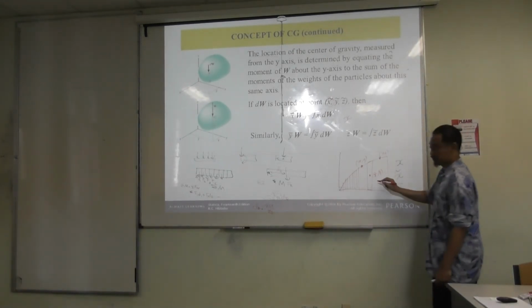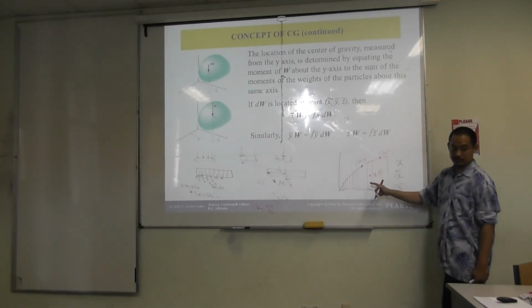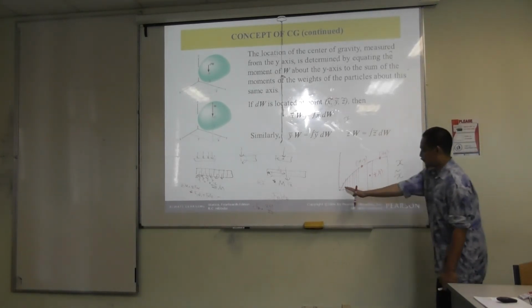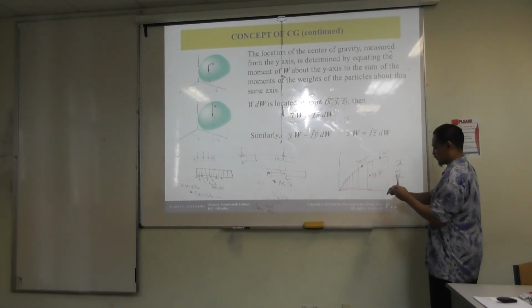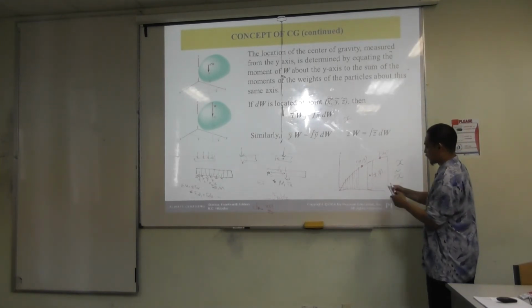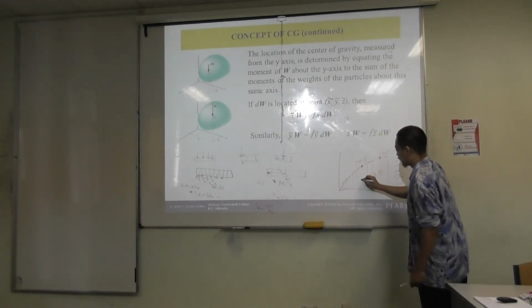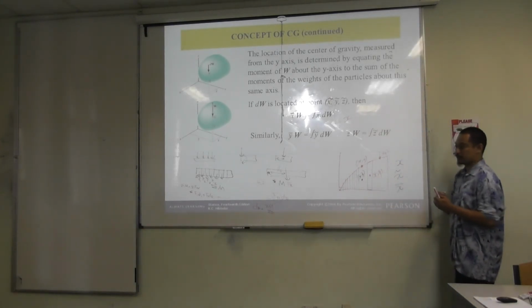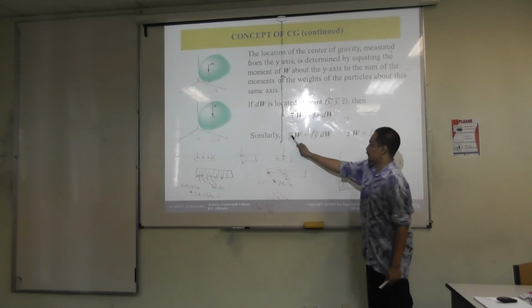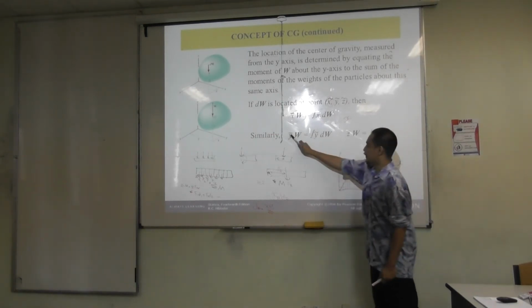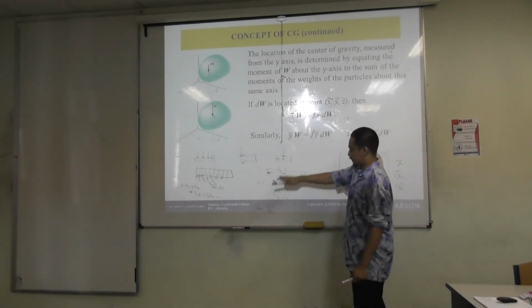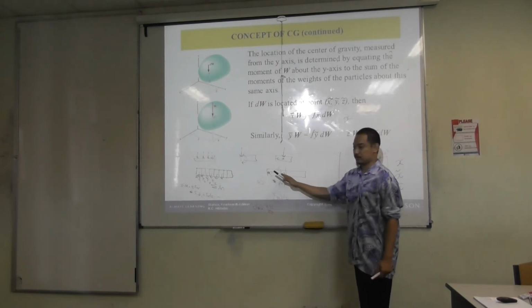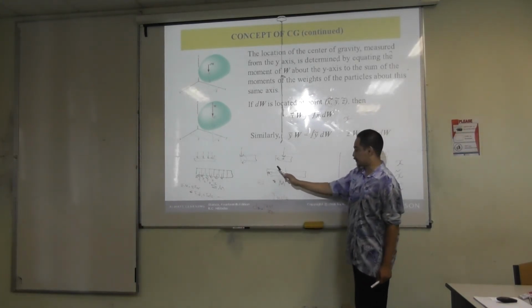That's for the element. And if you add everything and calculate the center of the whole area, you'll have x bar, y bar. So this one refers to the whole area. The bar refers to the final distance, the final location.